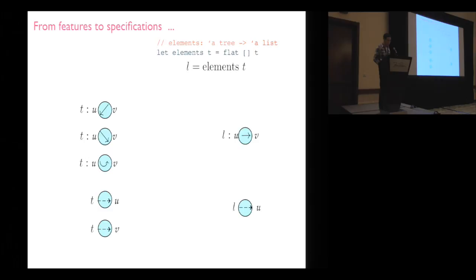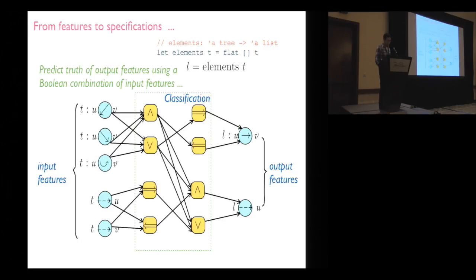We define input features over the terms of the tree, and we also define output features over the output list L. We want to predict the output features by observing the truth of the input, as a Boolean combination of the input features.